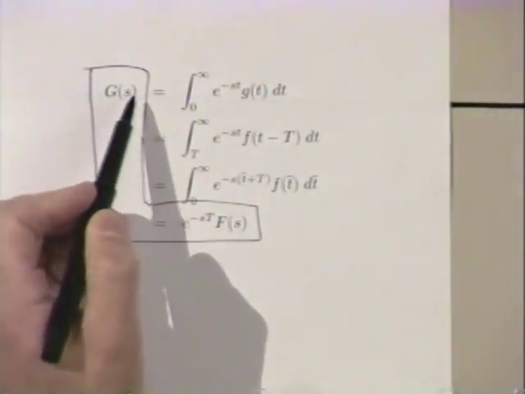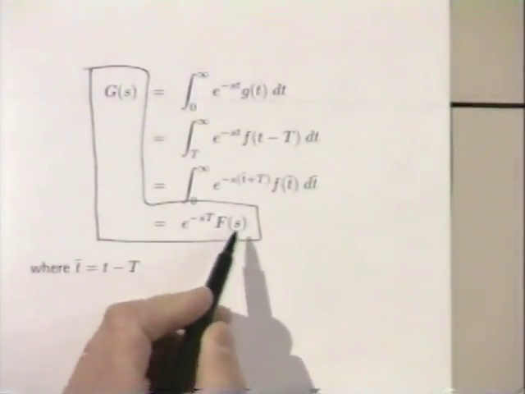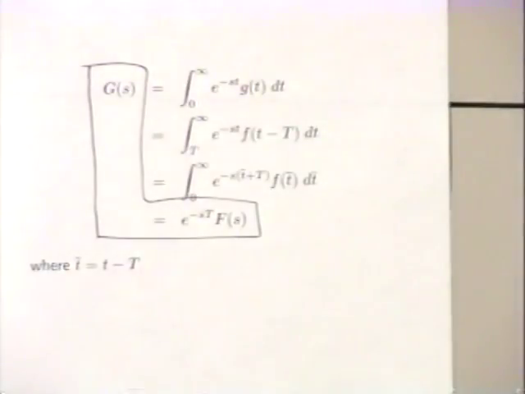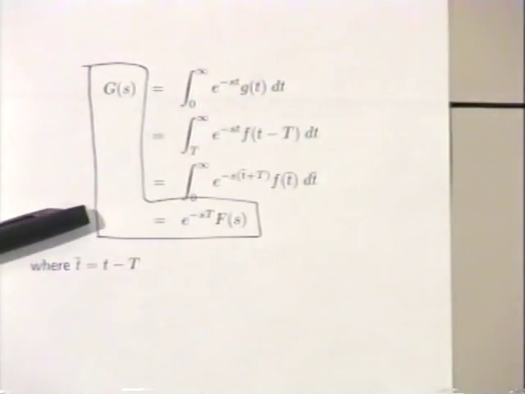It says that the Laplace transform of a delayed signal is the Laplace transform of the signal times e to the minus sT. You'll be very familiar with this before this class finishes, and you will use it in many other courses, I promise. It says that delays in the time domain correspond to multiplication by e to the minus sT in the frequency domain.